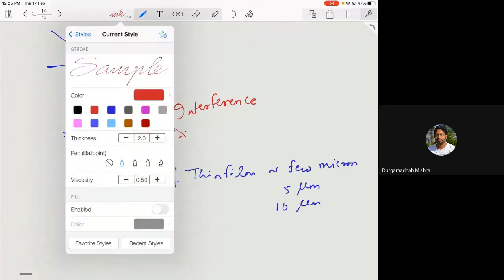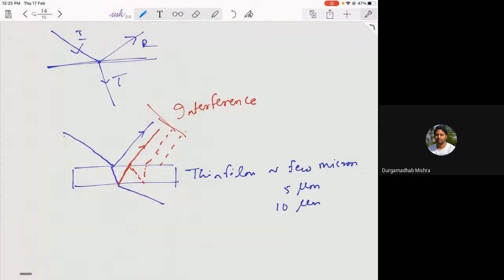This is known as interference by division of amplitude. So what we are doing fundamentally here is dividing the amplitude. In the earlier case, there was no change in amplitude, only the wavefront was divided. But here we are dividing the amplitude. We are still keeping the source coherent, everything is the same, but we are only dividing the amplitude.